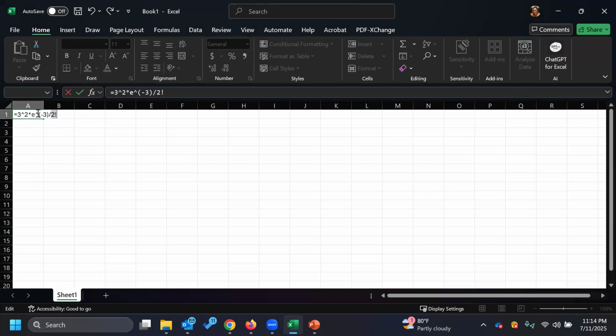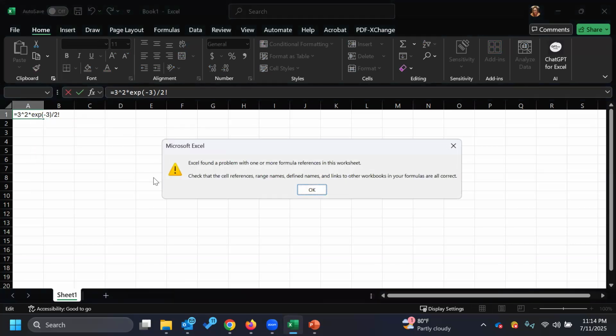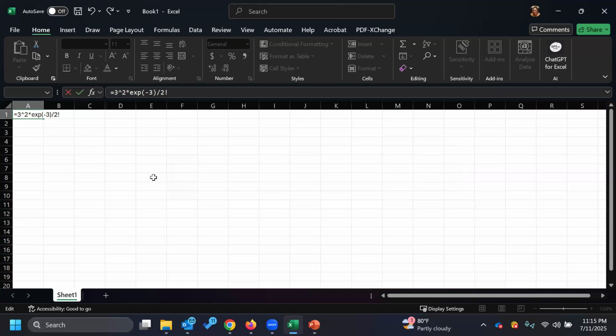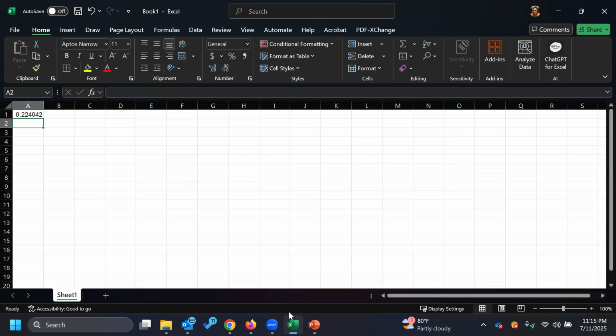Oh, it doesn't like e. I think maybe it's exp of negative 3. What? Oh, it doesn't like 2 factorial? Okay, well then we have to do 2 times 1, right? That's what 2 factorial is. And there's our 0.224, right?